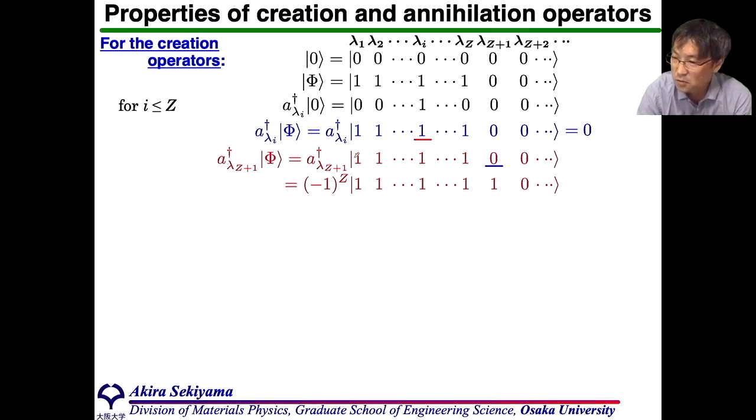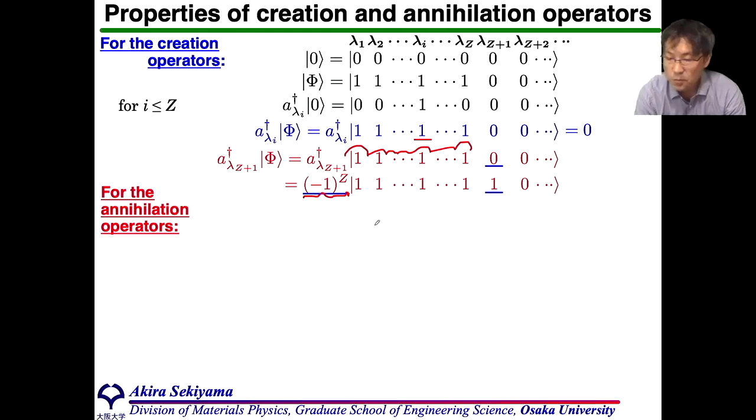So in order to reach this state with this creation operator, we go through 1, 2, 3, 4, 5, I, and Z times. Therefore, we define this state not simply as this one, but multiplied by this factor.